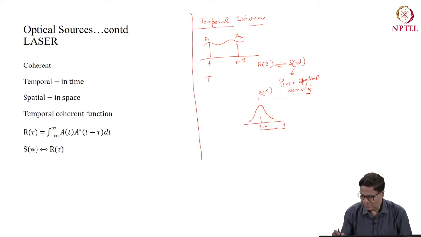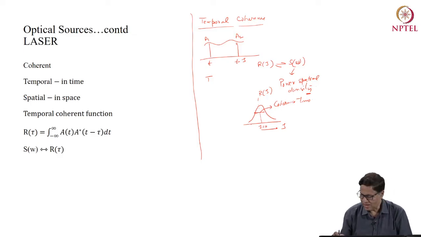So if you get a curve like this, then this is actually called as the coherence time. Where the value of R tau has fallen by some factor that depends on the definition, whether it is 90% or 50%. So that tells you the coherence time.